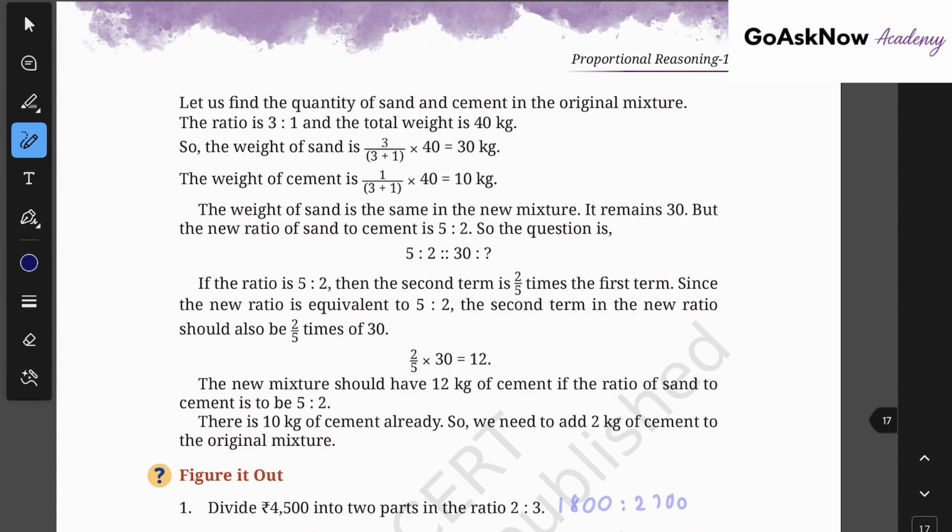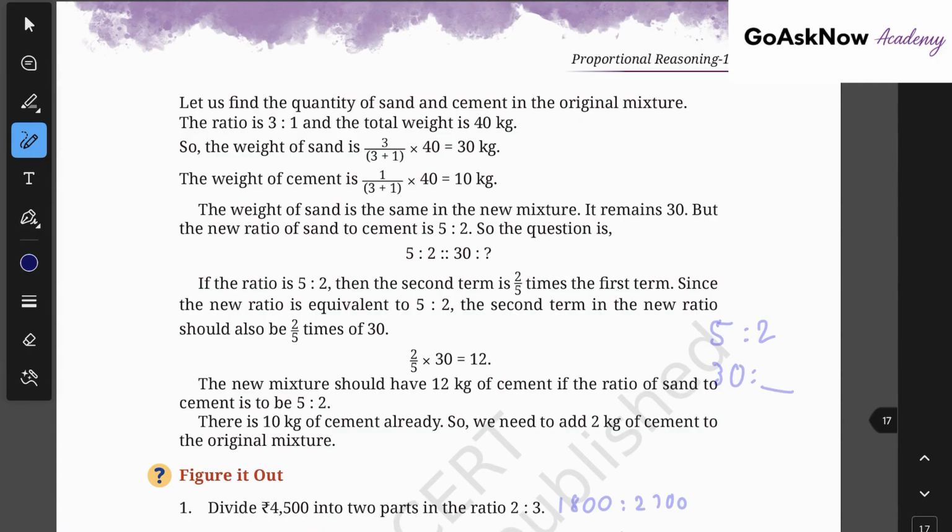The weight of the sand is the same in the new mixture. It contains 30, but the new ratio of sand to cement is 5:2. So what is the ratio? Since the sand is the same, for 5:2, 30 is 2 times what?